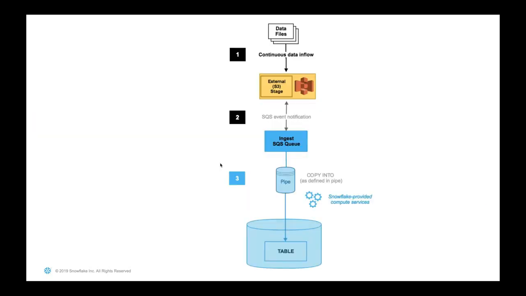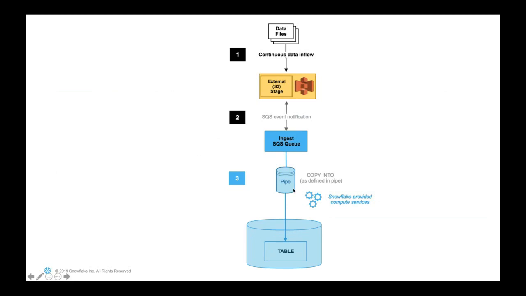So how does it really happen? Well, there are three steps that make up that data flow. First of all, you are writing data to your blob storage. This could be S3, like I said, and set up event notifications. In the AWS world, that would be SQS notifications, which will be sent out to an object in Snowflake called Pipe.